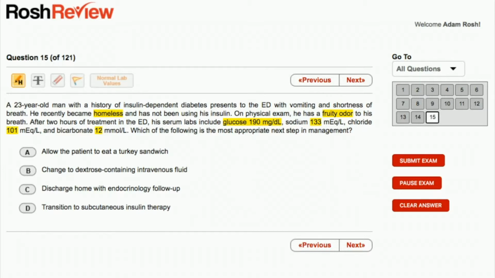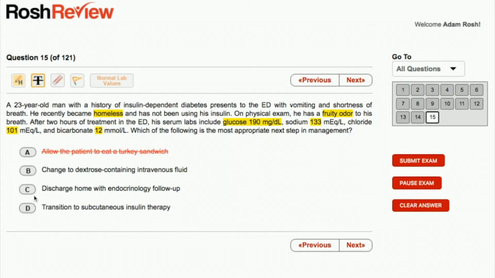In this case, though, in diabetic ketoacidosis, where we're trying to be very specific and monitor the effects of insulin and get a really good assessment of his glucose, I'm going to say that that is not the best step in management right here. And so I'm going to cross that off in this case for now.